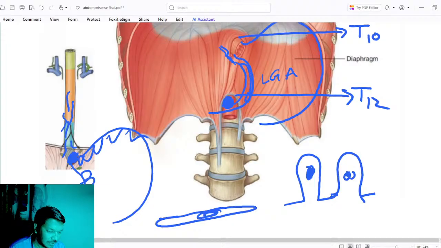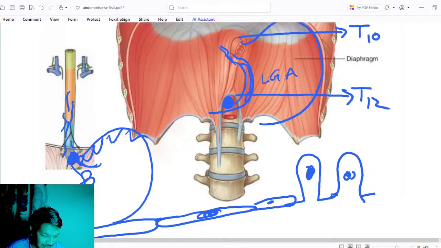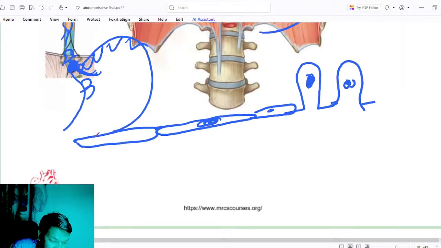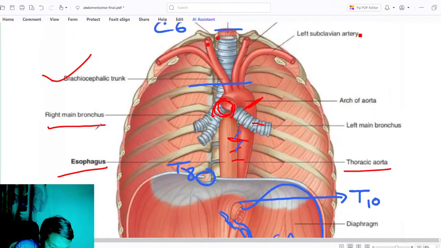Okay, if there is excessive acid reflux, then there is some change. Metaplasia means one type of cell converts into another type by some influence. Here the influence is gastric acid. Because of this influence, there will be some change.